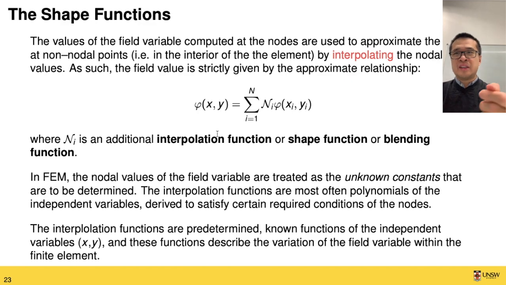Now, generally, this field variable is a bit abstract at the moment, but we'll see later that they are basically some sort of unknown constants that are to be determined when you perform finite element analysis. Now, these functions are generally polynomials, right? They are derived to satisfy certain conditions of the node. Basically it tells you, for example, if you have a triangular element, how does the movement of one node affect the movement of the other two nodes?